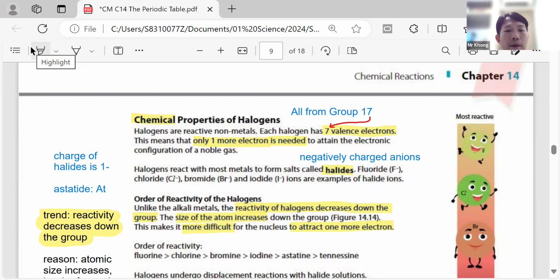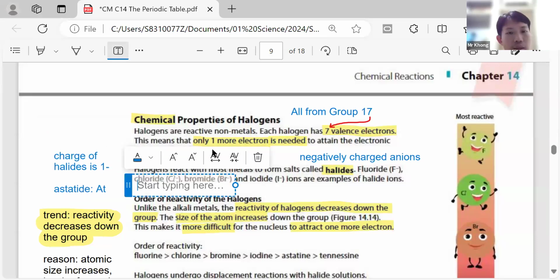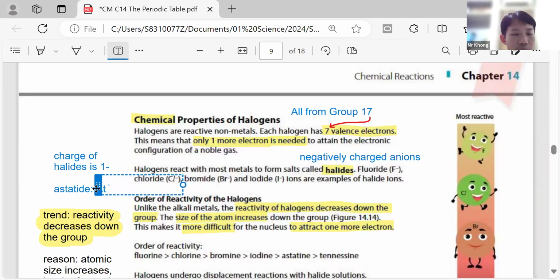Having said that, our astatide ion will have a charge of -1 as well. For astatide, it will be At with a minus at the top. This is how we represent the formula of the astatide ion.